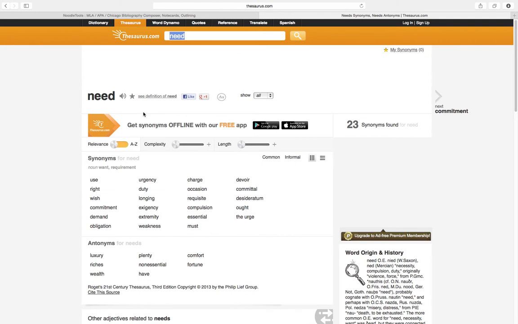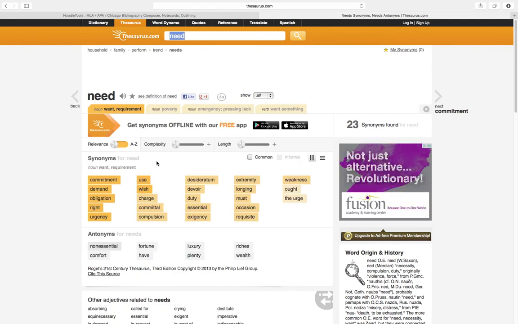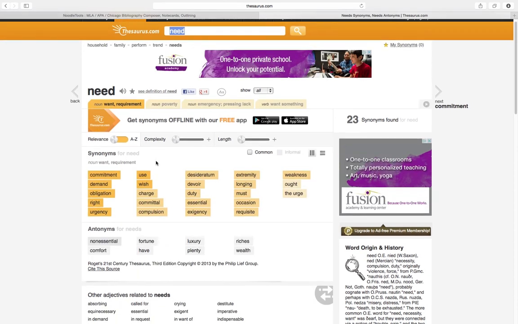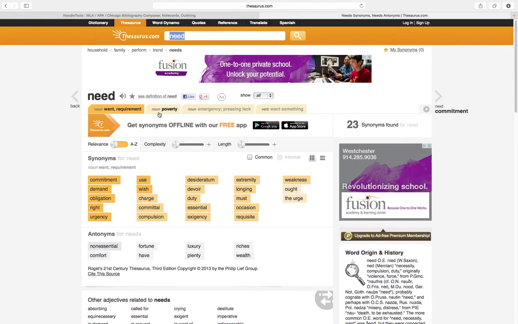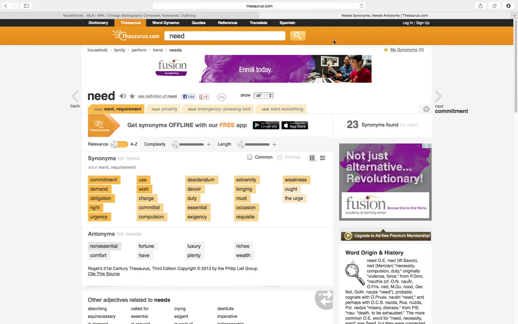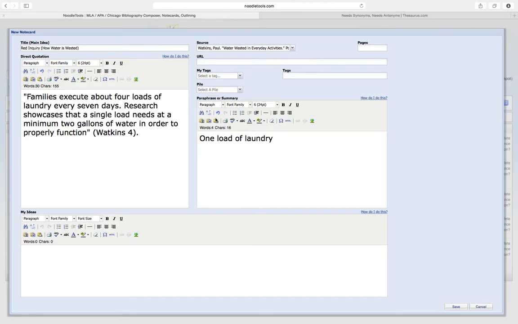Search. So you have needs, requirement right here. So I didn't even get to see the words right here because it said requirement. So what I'm going to do is change needs to requires.